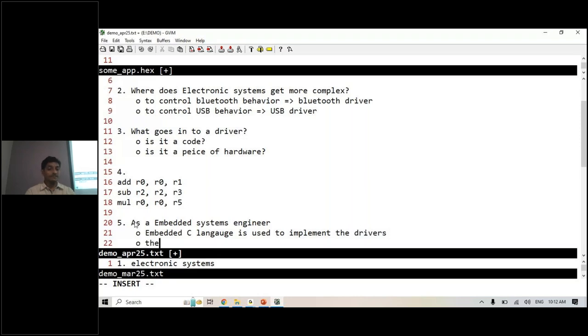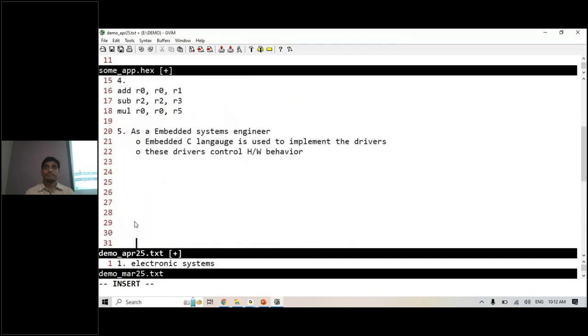These drivers control hardware behavior. What do these drivers do? They control the hardware behavior. Now, how do we develop embedded systems? Let's not get into it because that's out of our scope.